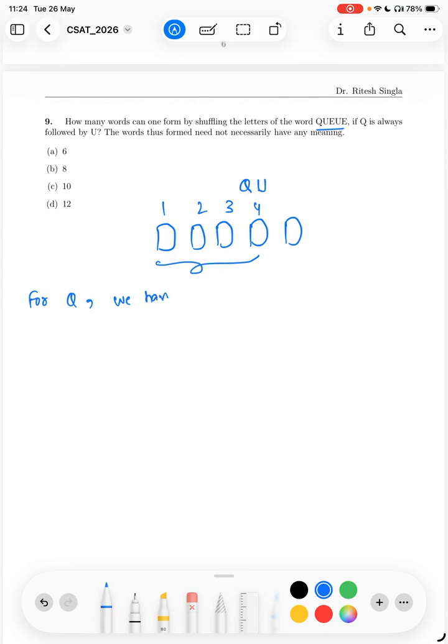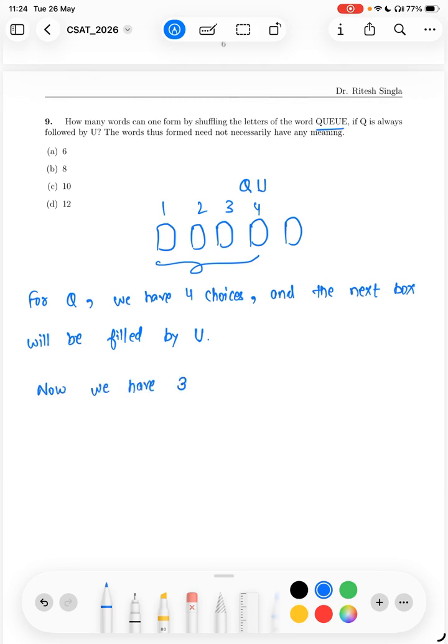We have four choices, and the next box will be filled by U. Now what is left? Now we have three boxes that need to be filled with letters.